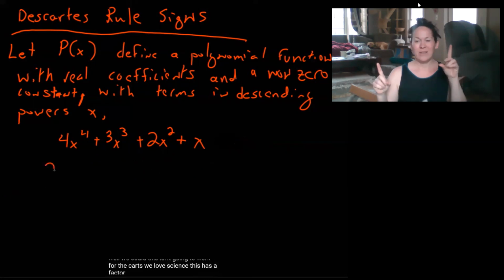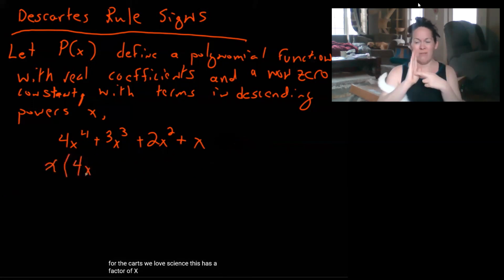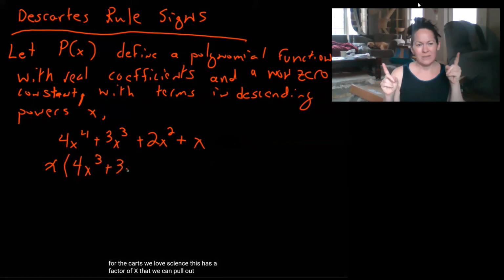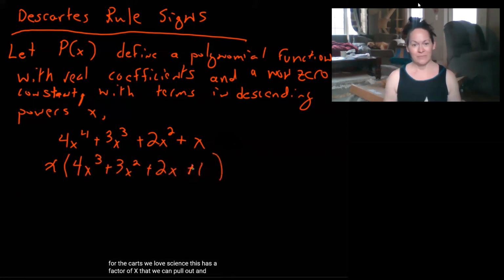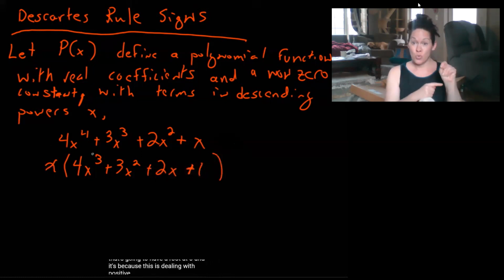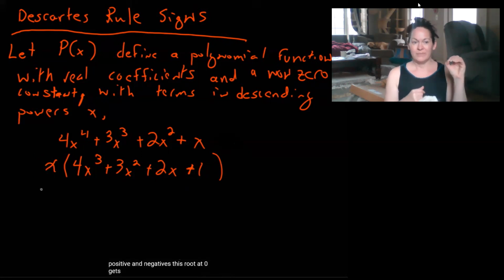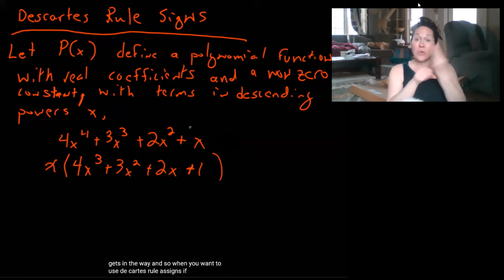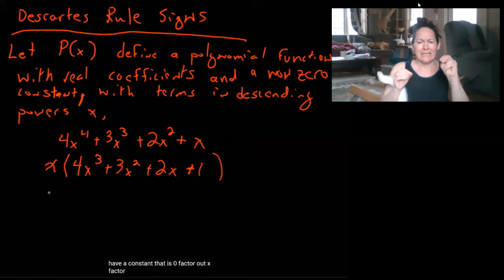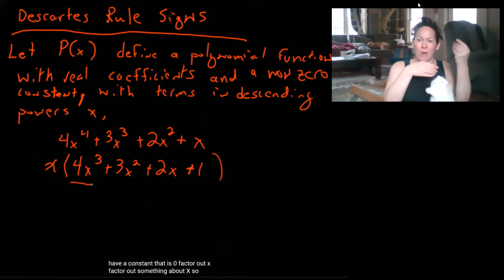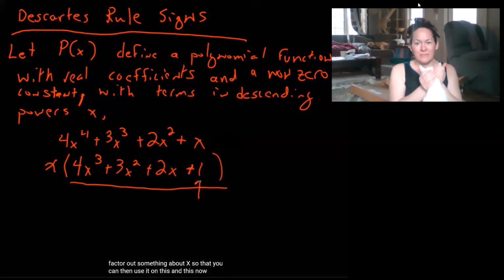This has a factor of x that we can pull out. And that's going to have a root at 0. And it's because this is dealing with positive and negatives, this root at 0 gets in the way. And so when you want to use Descartes' rule of signs, if you don't have a constant that is not 0, factor out x. Factor out something about x so that you can then use it on this. And this now meets our definition for Descartes' rule of signs.